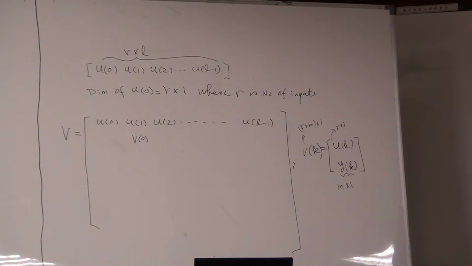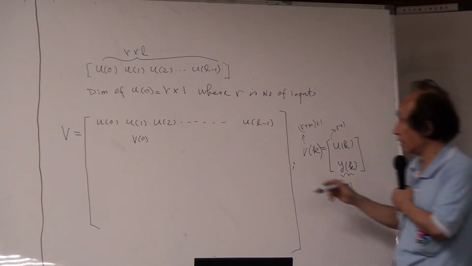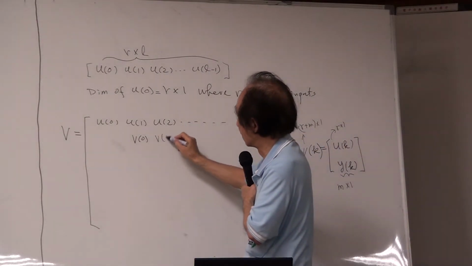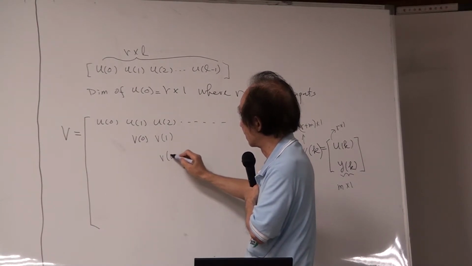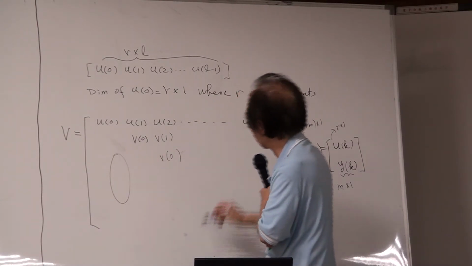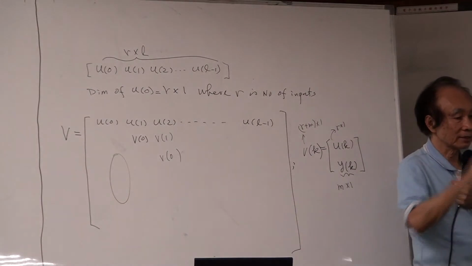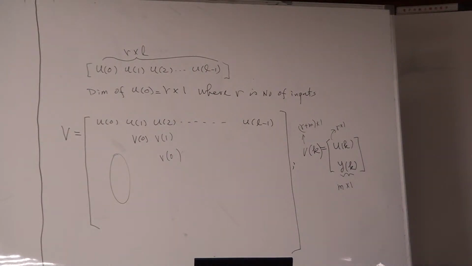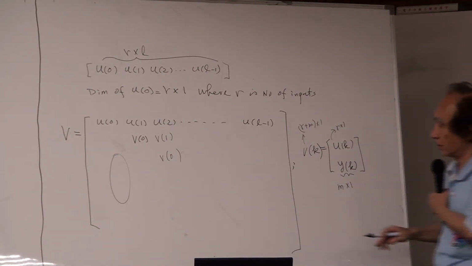Now I will show you why I want to do it this way. Because if I do it this way, I will be able to compute alpha and beta. Then there's a V1 here, and a V0 here, and I have a big 0 here. Be careful about this big 0.